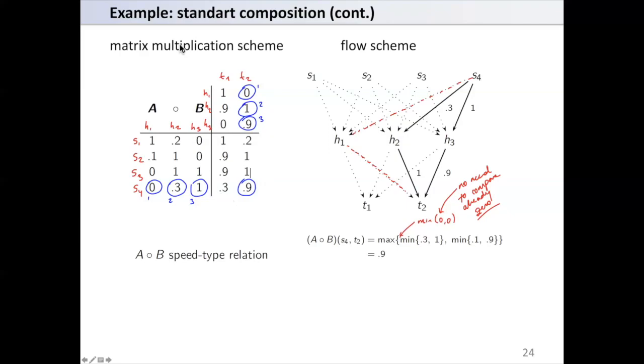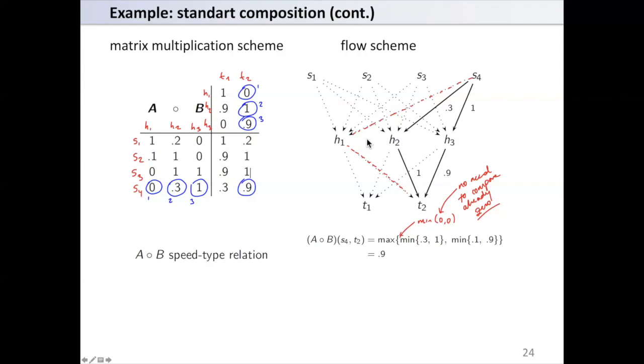So this is like matrix multiplication. This is the row, this is the column, and one by one we are comparing. In order to compute the composition, we can use also a flow scheme. For example, in order to find out what is the value of the composition at point S42, we are starting from S4 and going to each possible height value.